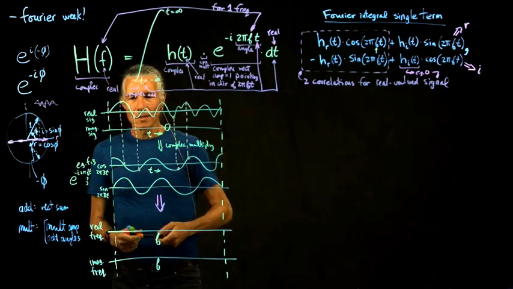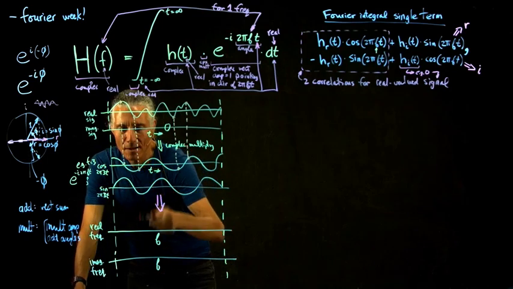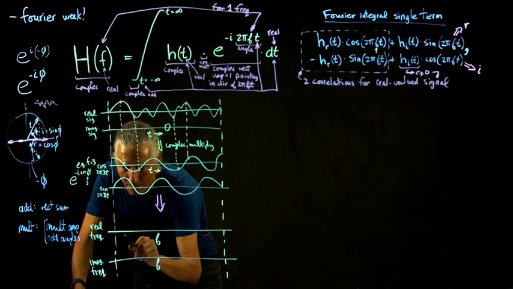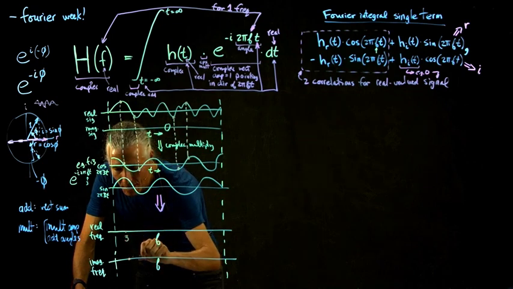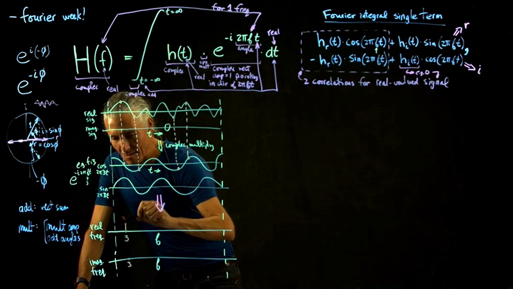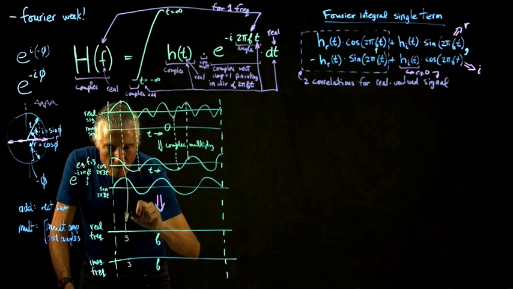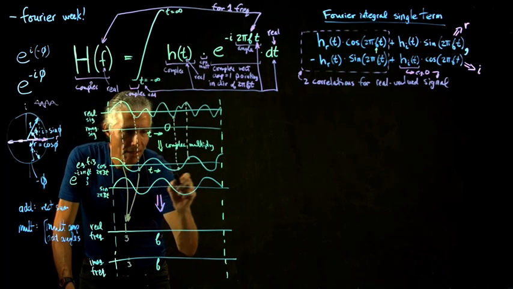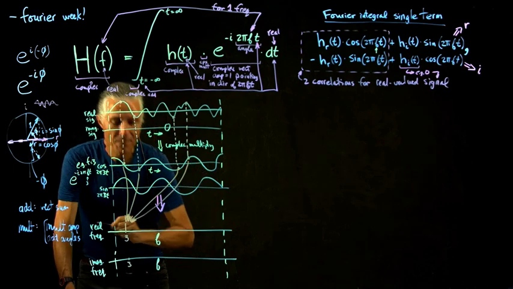So we take these things, and since we're at frequency 3, here's 3, they all go here. So let's just say that was the number. This guy gets summed, and this guy, and this guy, they all get summed to that number.